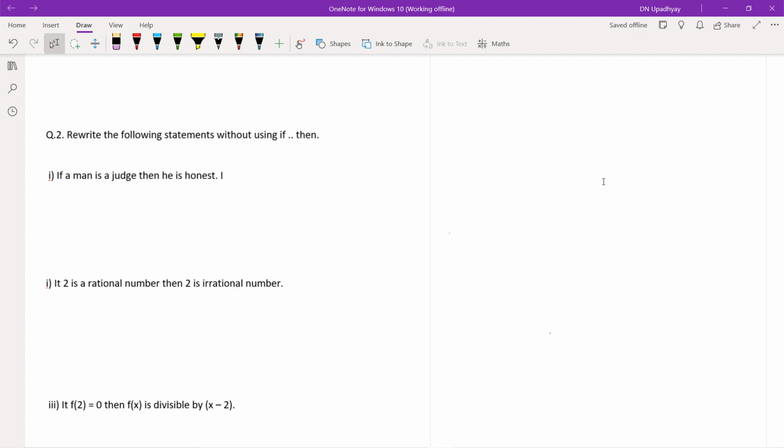Okay. Question number 2, let's see. Rewrite the following statements without using if and then. So basically, without using if and then, I explain one concept here. So the concept is, suppose P if and then Q is equivalent to negation P or Q. What is meant by this?